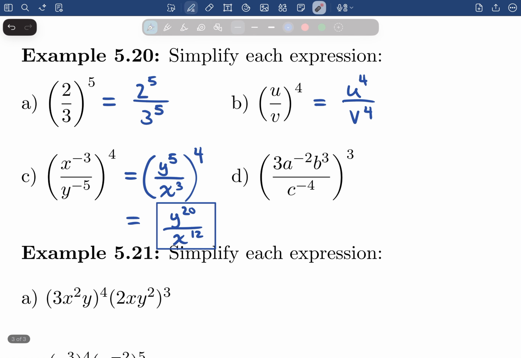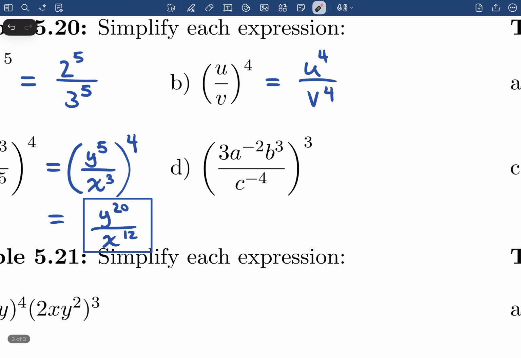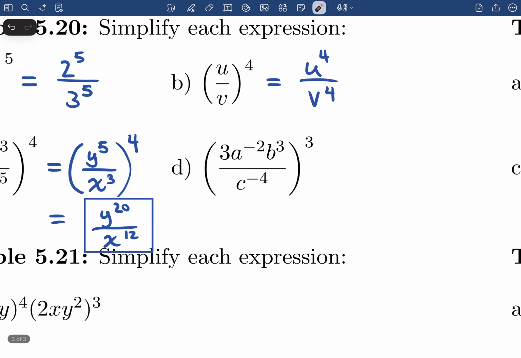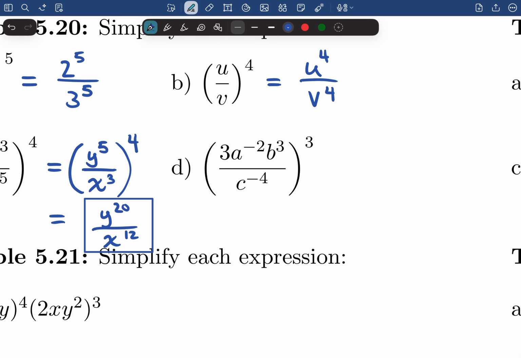And now let's go for something that looks even more complicated. Here's part D. It says 3 times a to the -2 times b cubed divided by c to the -4, all cubed. All right. So the first thing you could think to do is get rid of the negative exponents by taking the reciprocals. So anything that's on the top goes to the bottom and becomes the positive exponent, and anything that's on bottom goes to the top and becomes a positive exponent.